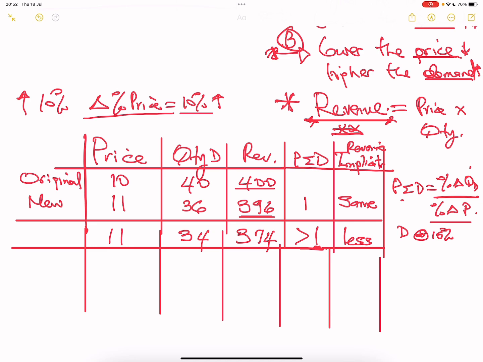What it means is that if you have an elastic product and you try to increase your price, then your revenue will reduce. So you should not increase your price if your product is elastic, because the rate at which people will reduce their demand for your product will be higher than the price increase.